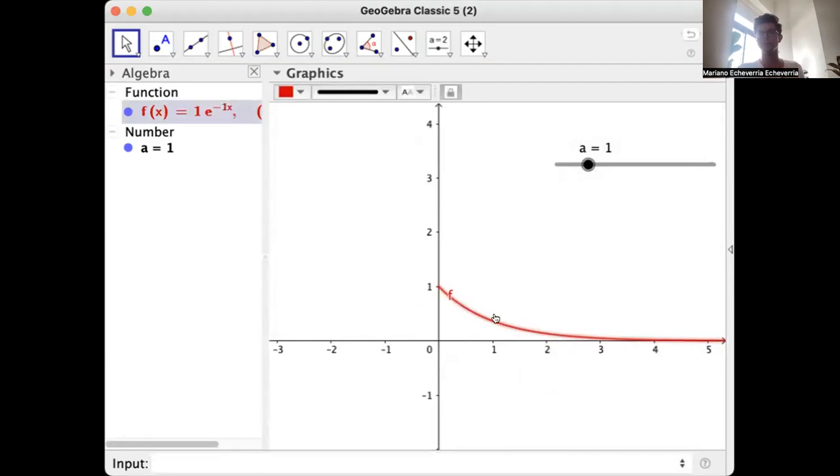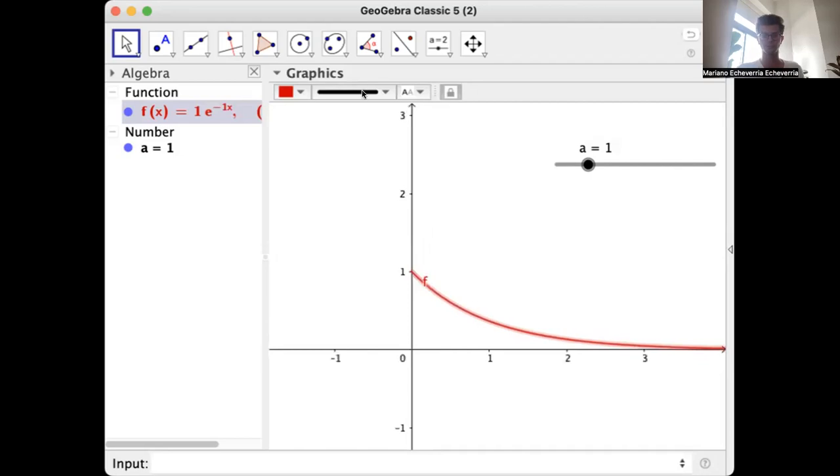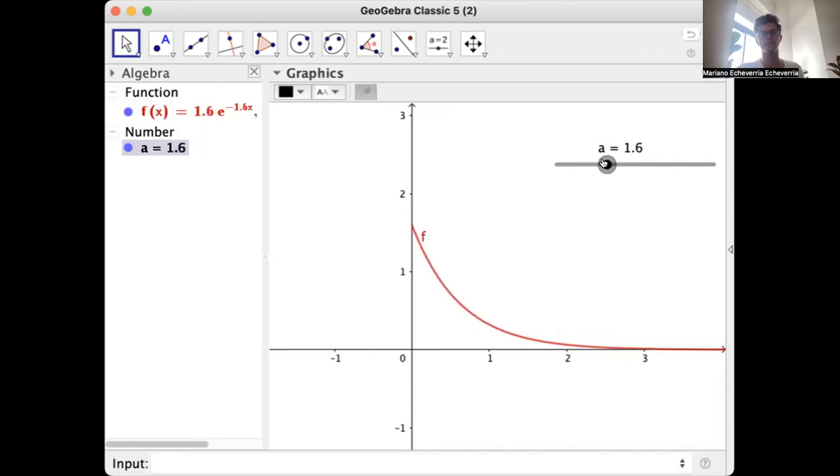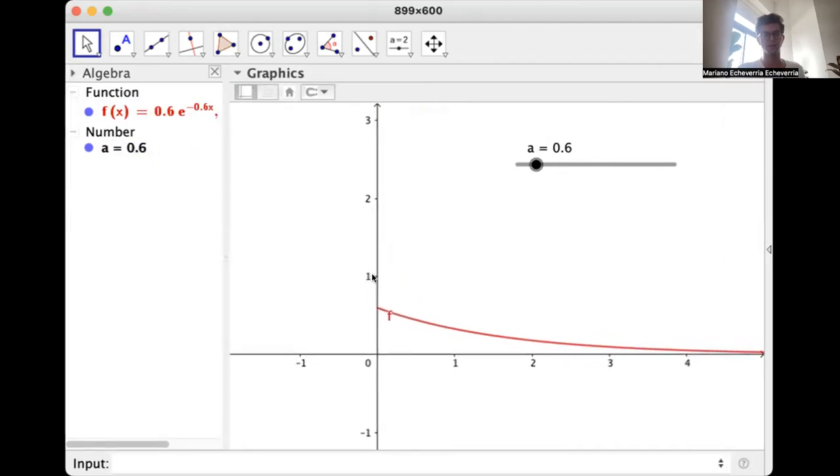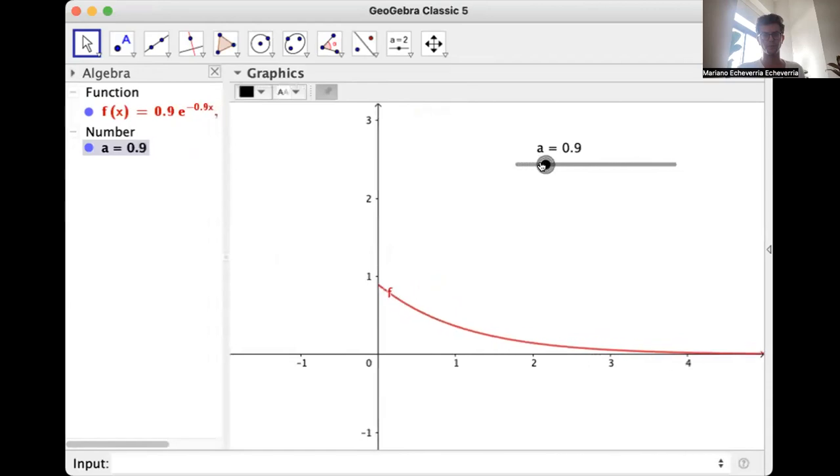So this is giving you, and here I can change the value for lambda, right? So this is how f of x looks. You see it has a decay regardless of the value for lambda, or for a in this case.